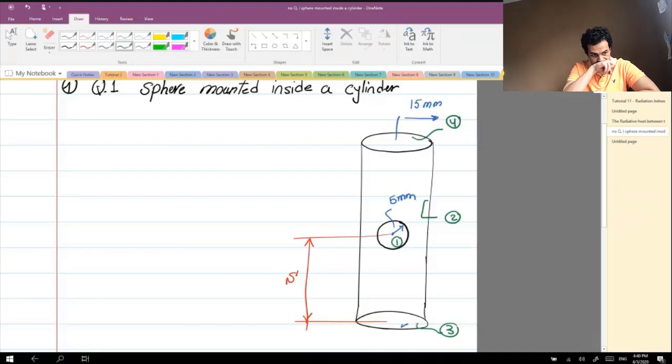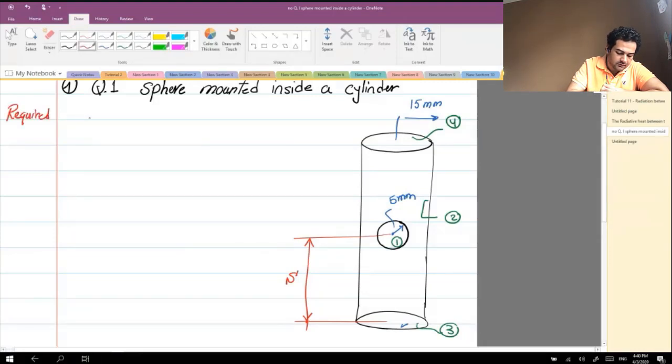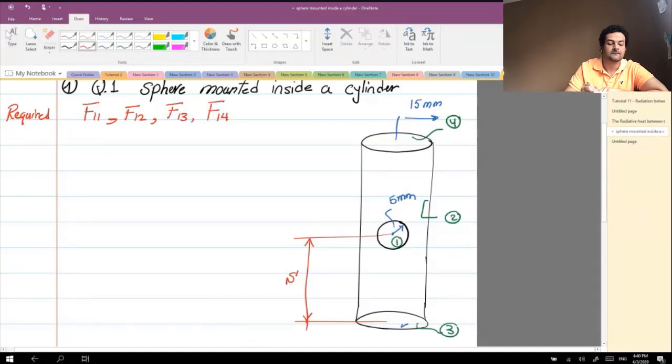Alright, so given to you the radii, the required are F11, F12, F13, F14. Good.